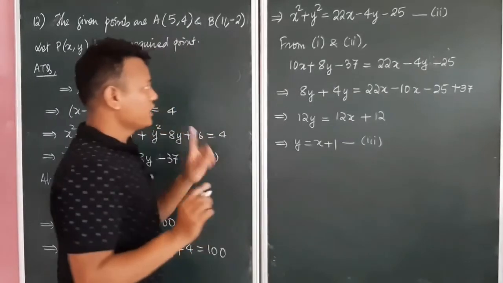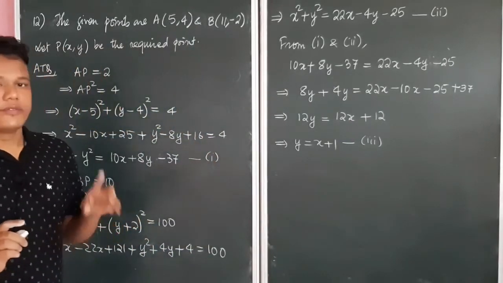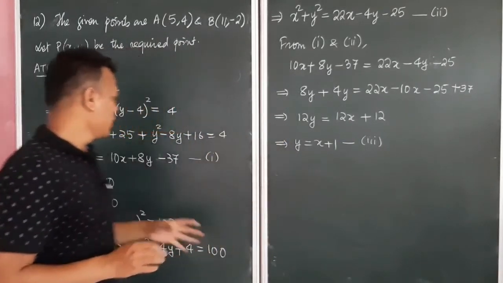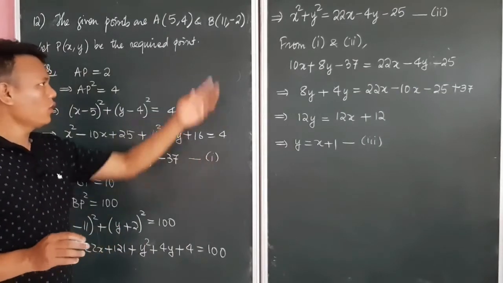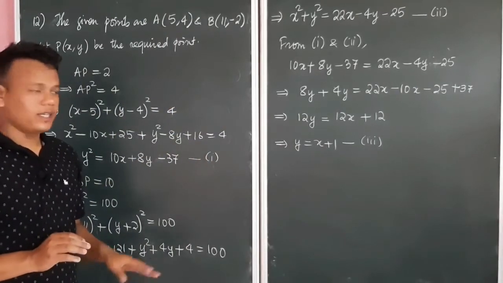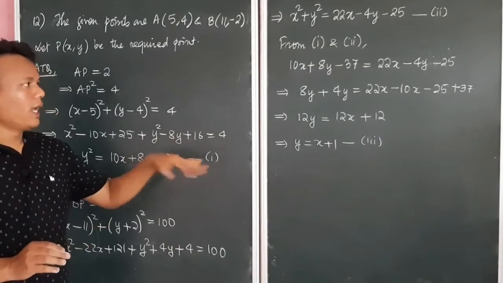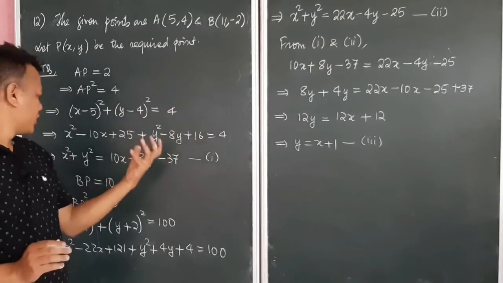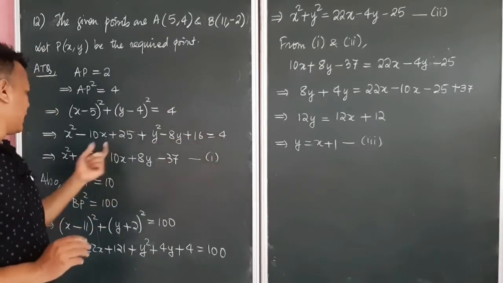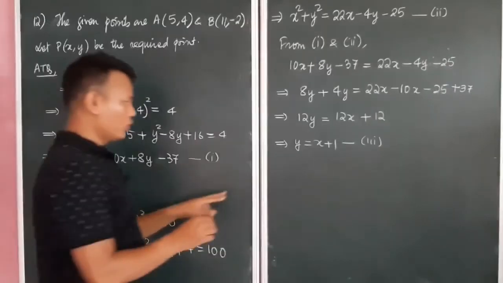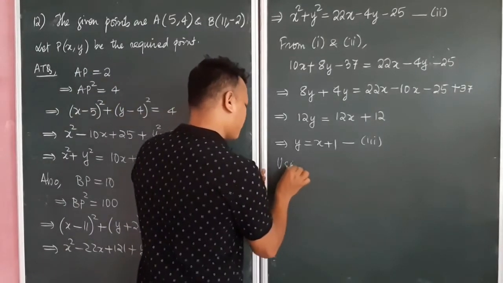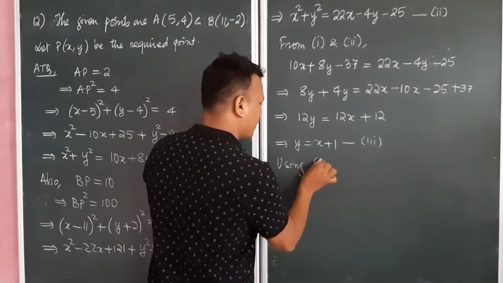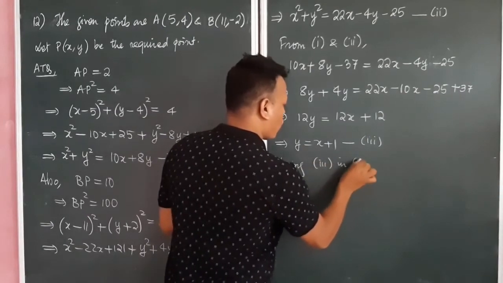Alright, now the next thing that we are going to do here is put the value of y in any of equation 1 or 2, it's your choice. So put the value of y and see what we get. For example, let us put the value of y in equation 1, so using 3 in 1.